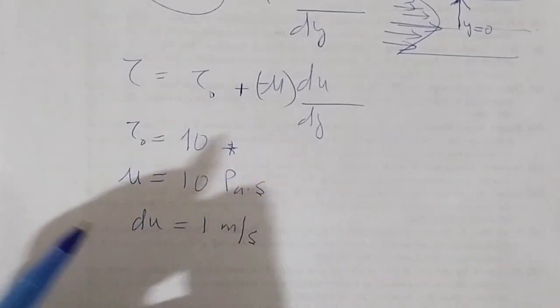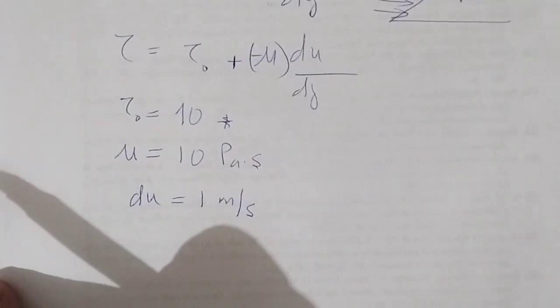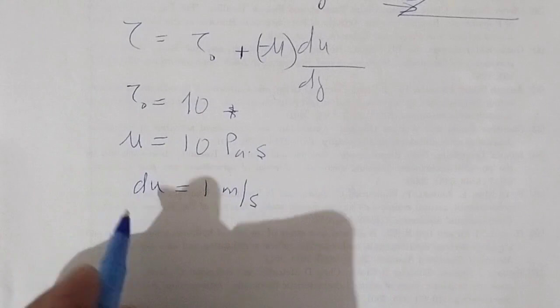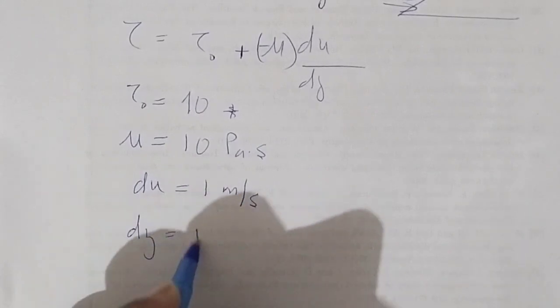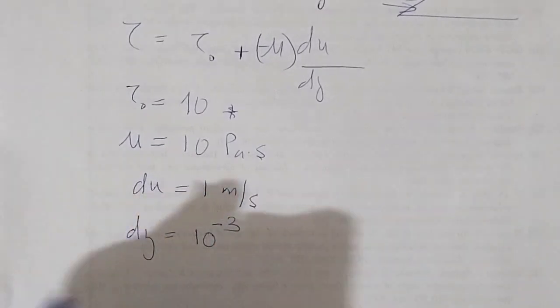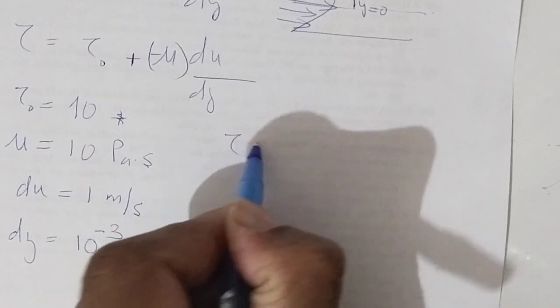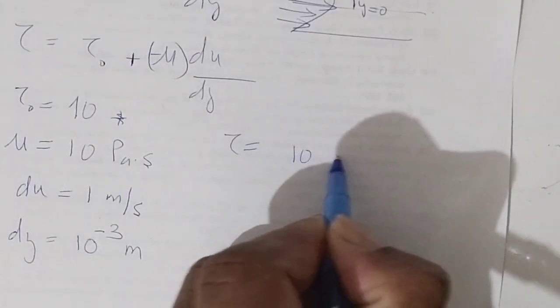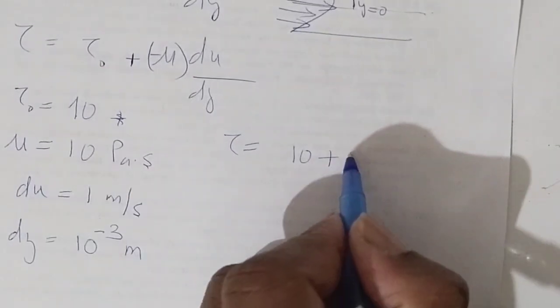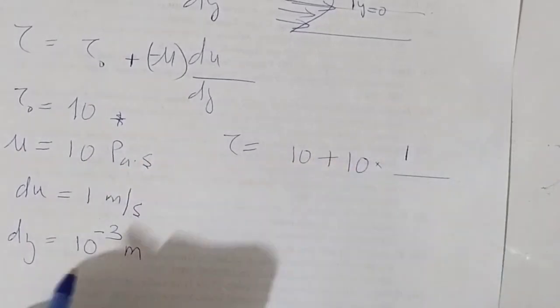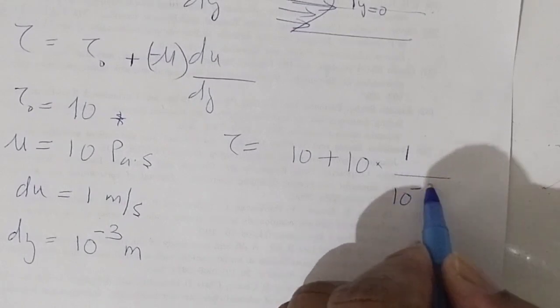It is good that all the values are given in MKS system, you don't have to convert it. And dy is 10 raised to minus 3 meter. So if you substitute this in the equation, 10 plus mu is 10 into du is 1 divided by dy is 10 raised to minus 3.